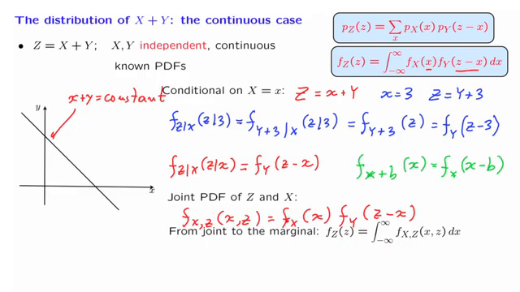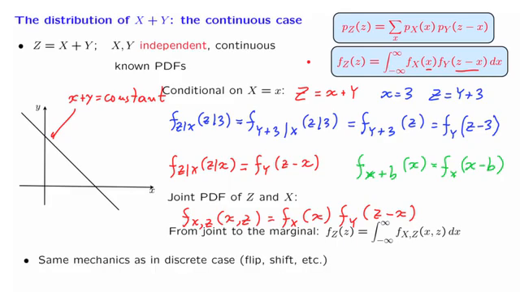Using this specific form that we have for the joint PDF in this formula, we have finally obtained this expression. This is the integral of the joint PDF of X with Z integrated over all x's, and this proves this convolution formula.